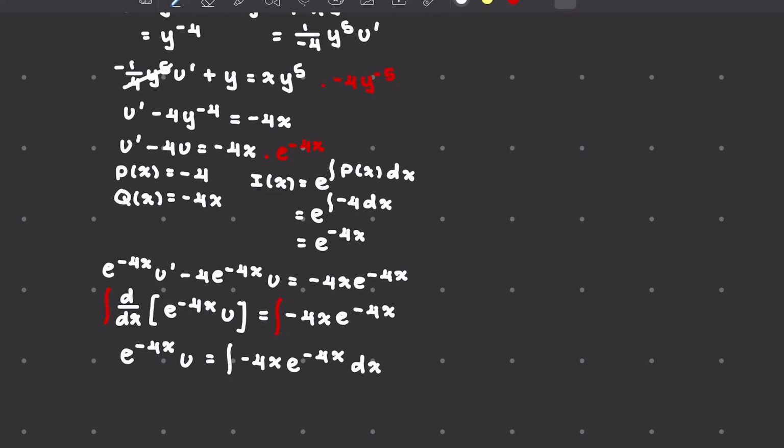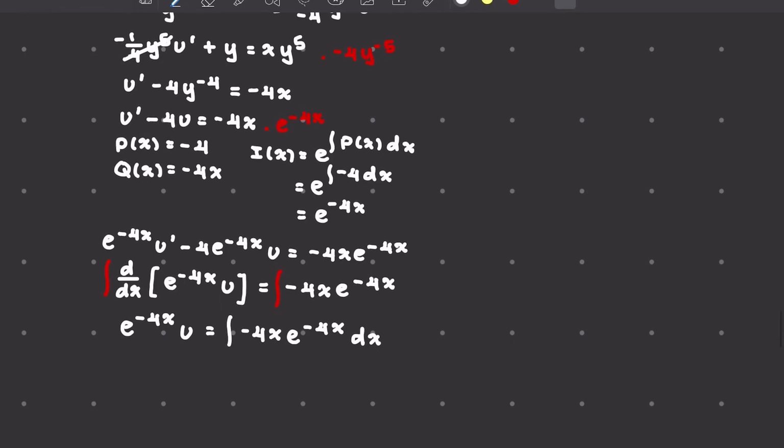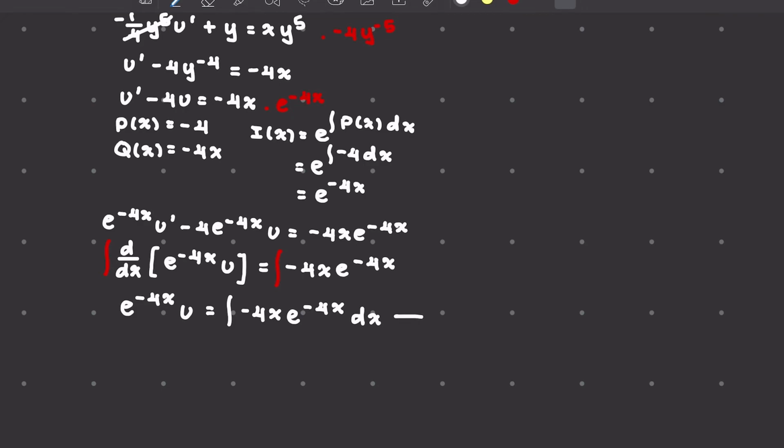And remember, at this step, we can do the integration by parts through the Tanzania method, which is an easier way rather than using the formula u v minus the integration of v du. We're going to integrate this one using the Tanzania method, where this is the derivative and this is the integration. So negative 4x, let's take the derivative of it, it becomes negative 4, and negative 4 becomes 0.